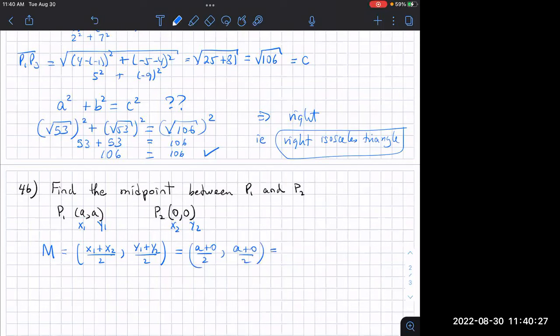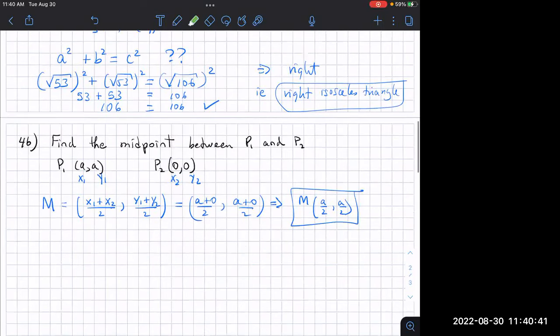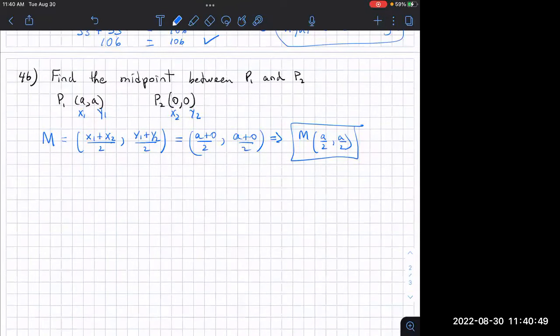So the midpoint is a over 2 comma a over 2. Okay, so sometimes you'll be given the coordinates as letters. So then your answer will most likely have those letters, that is parameters, as your answer.